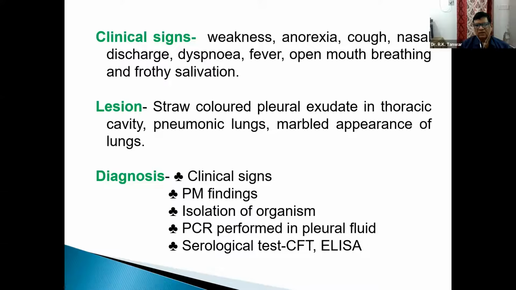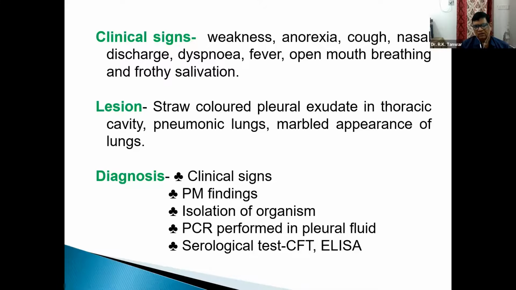Clinical signs: weakness, anorexia, cough, nasal discharge, dyspnea, fever, open mouth breathing, foamy salivation, lesions, pleural exudate in the thoracic cavity, pneumonic lungs, marbled appearance of the lungs. These are characteristic postmortem findings.